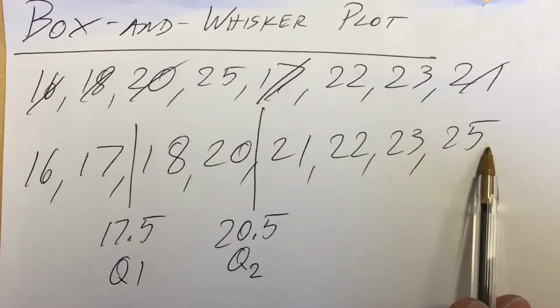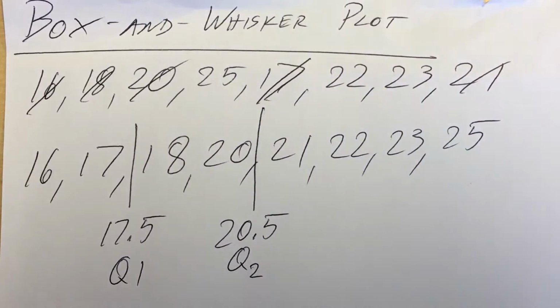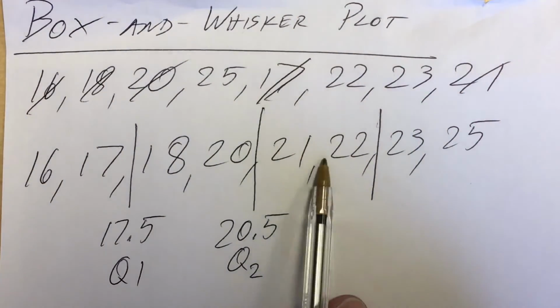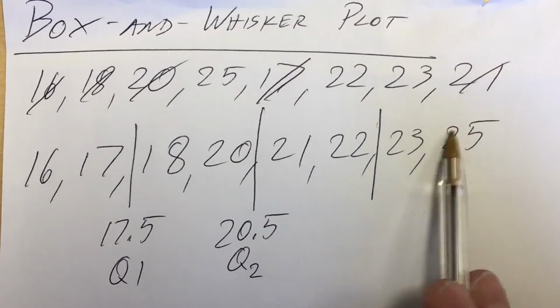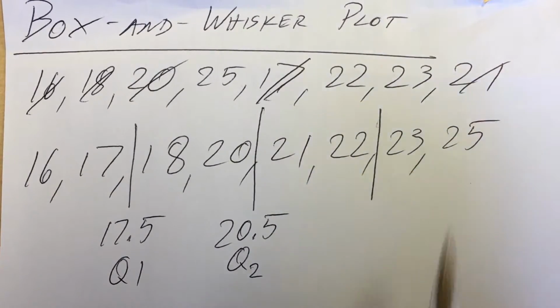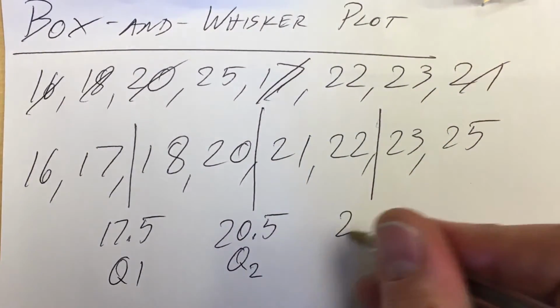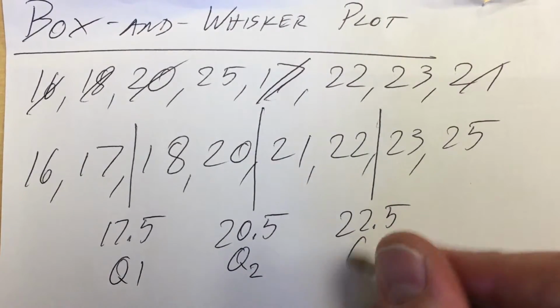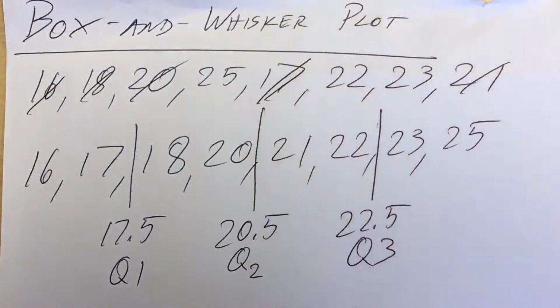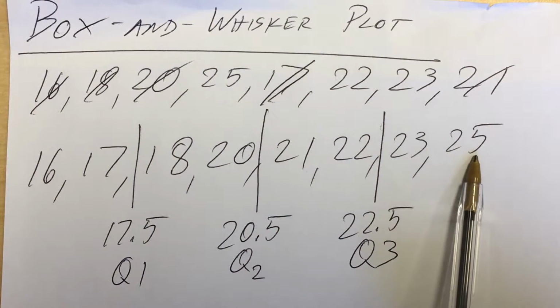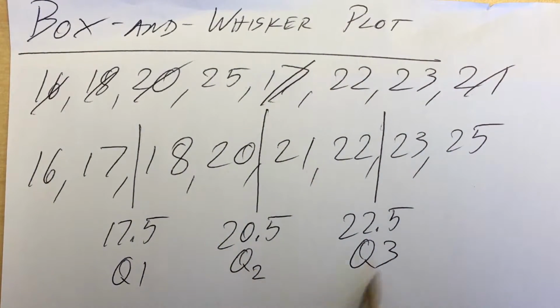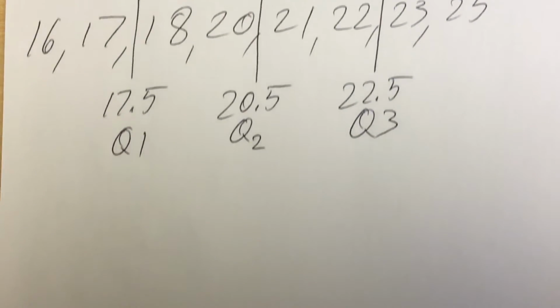We repeat for the right-hand side, which also has 4 numbers, 2 on each side, so halfway between 22 and 23 is 22.5, and that is quartile 3. We have our least value, our maximum value, and our 3 quartiles. So now we can draw the box-and-whisker plot.